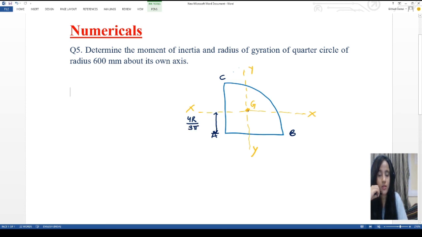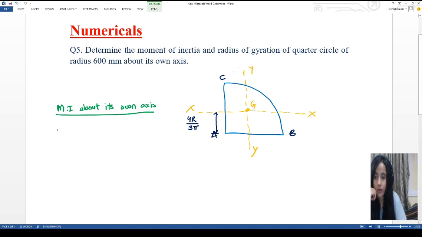This is where the centroid lies. Now we are asked to determine moment of inertia about its own axis. So its own axes are the two axes which are x-axis and y-axis.